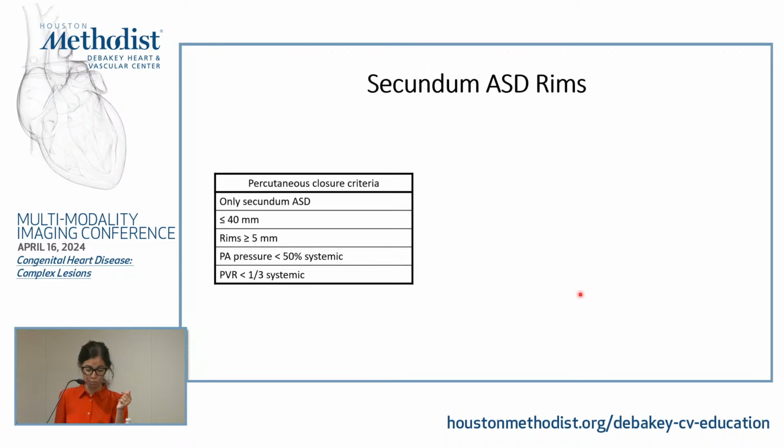But right now, for your boards, the only one that we close transcatheter is the secundum ASD. The defects need to be less than 40 millimeters, just because of the device sizes that we have available. And the rims need to be over 5 millimeters. That's an adequate rim, 5 or more.